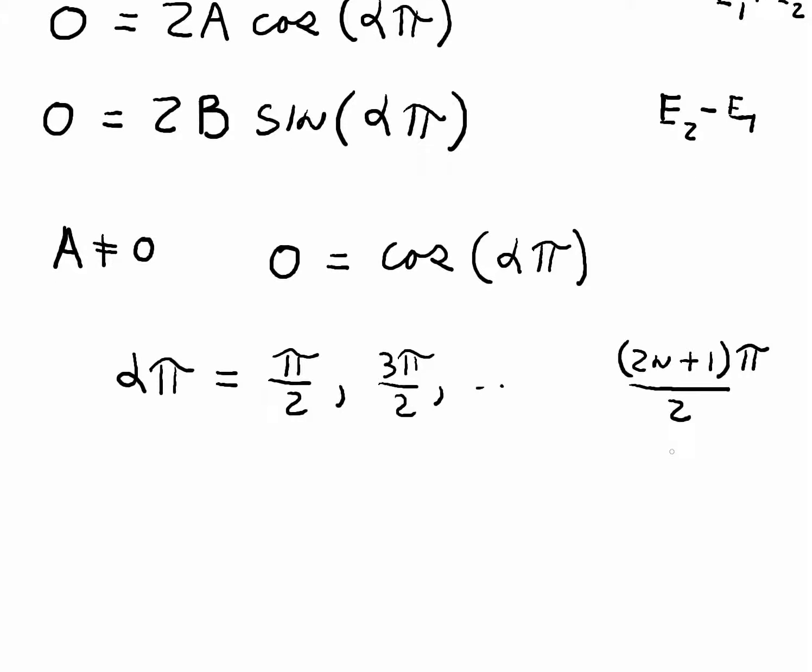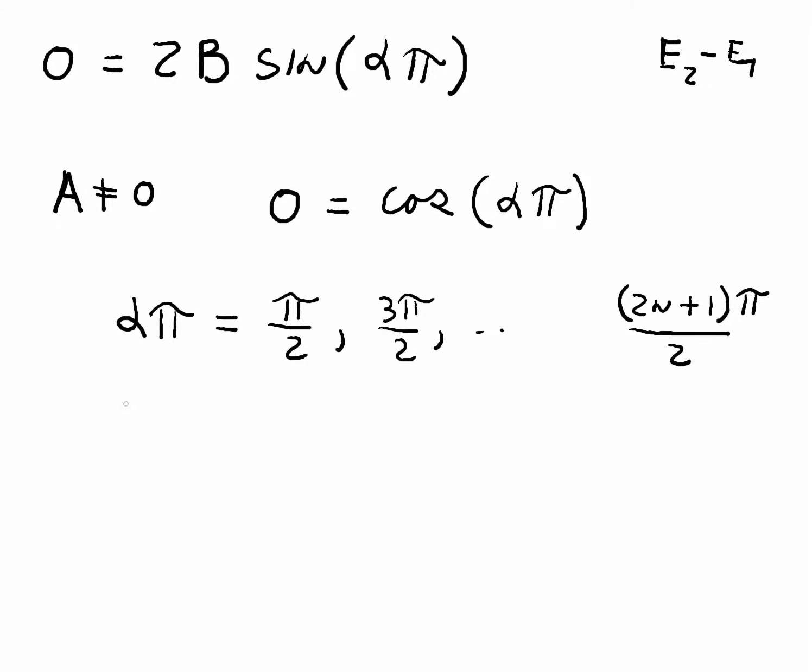So in this situation, when a is not 0, we get alpha, not the eigenvalue, would be 1/2, 3/2, dividing through by pi, to 2n plus 1 halves.